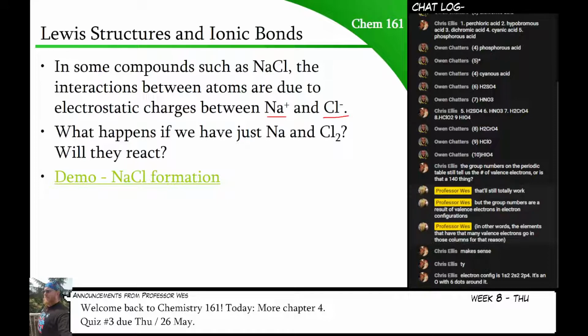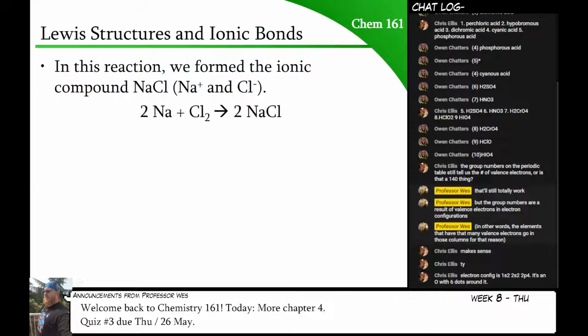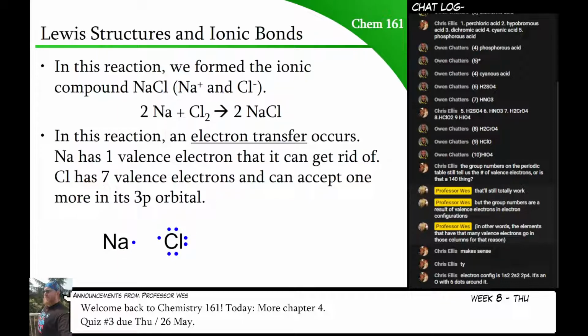Let's examine what happens at the microscopic level. So here is the formula that we just did. I take a sodium atom and a chlorine atom and I introduce them to each other. And what I'm trying to do is get to a full s and p subshell for both elements.